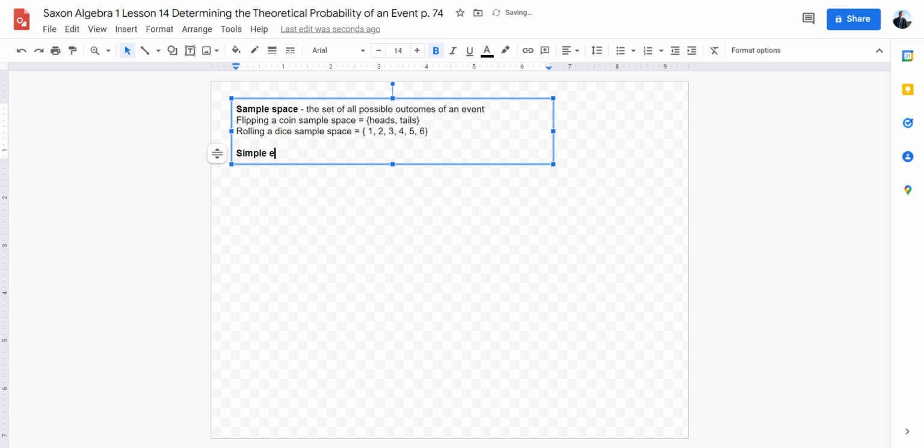A simple event is when we identify one particular outcome. So I'm just going to note that this is an event that we identify. I'm adding that language to what's in Saxon to make it a little clearer. You're just identifying a specific outcome that we're looking for that has only one outcome.